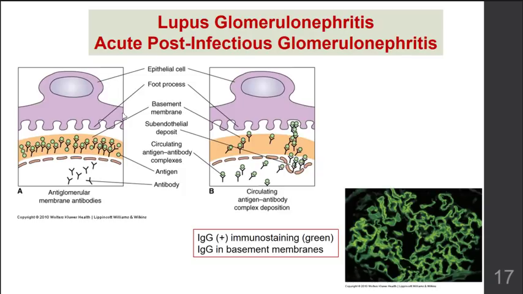So looking here at the bottom, a pathologist will perform immunofluorescence, an immune stain to look for antibodies, and when these antibodies are present, it will stain green, in particular from the presence of immunoglobulin G. So in this example, the basement membrane is completely full of these immune complexes. And in this image, you can see the circulating immune complexes, and then their deposition.